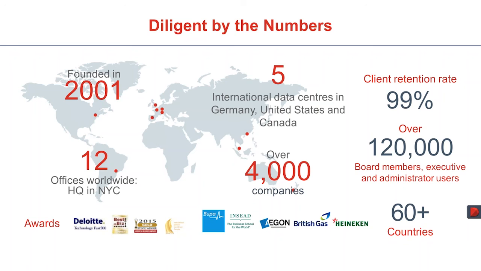We have one of the highest client retention rates in the industry. Out of those 4,000 customers, 99% continuously renew, and that is down to our services and the support that we provide.